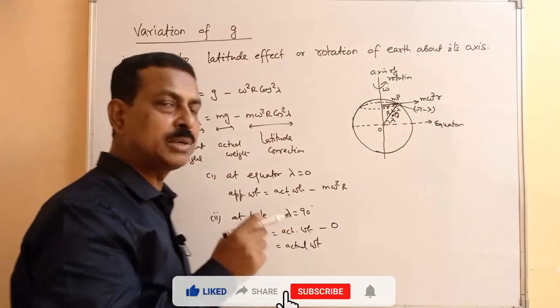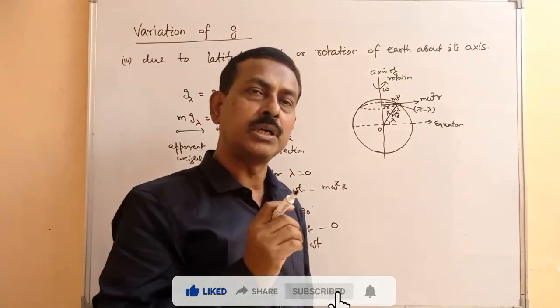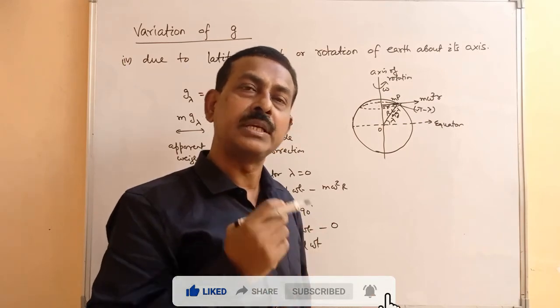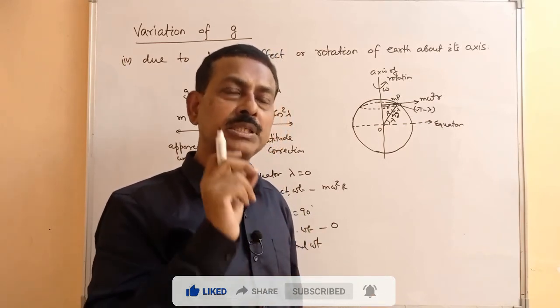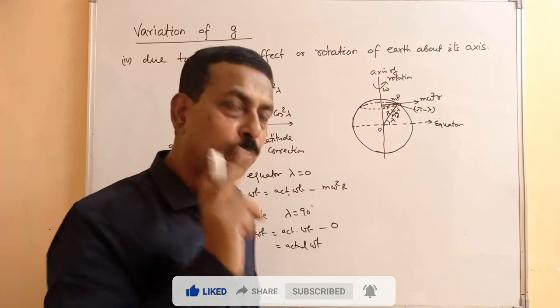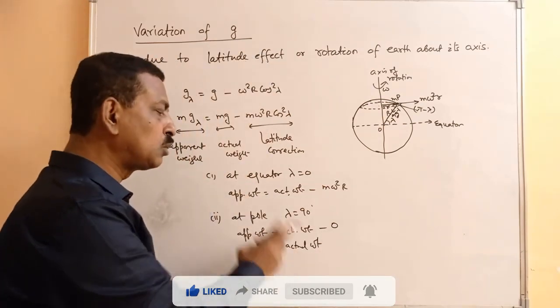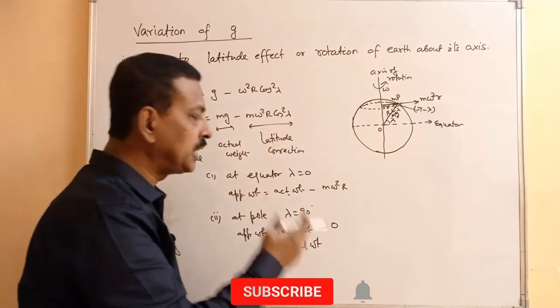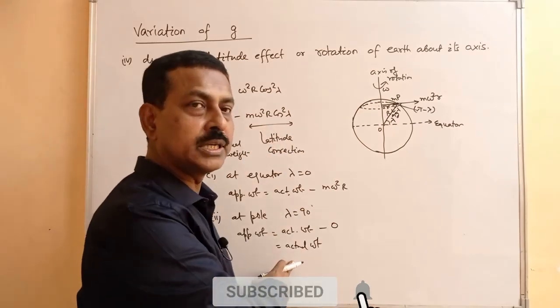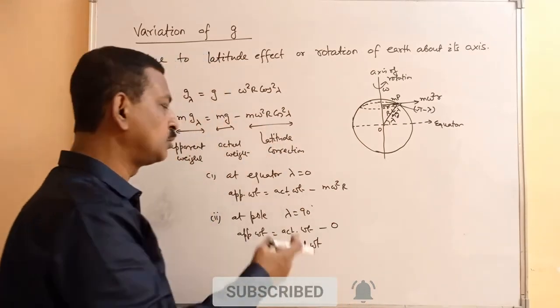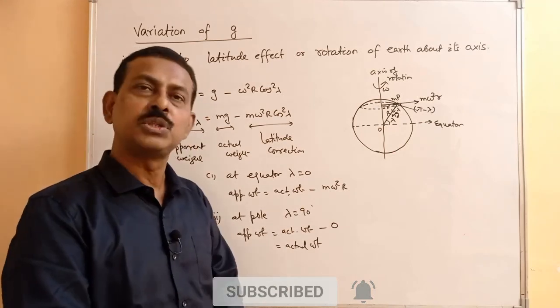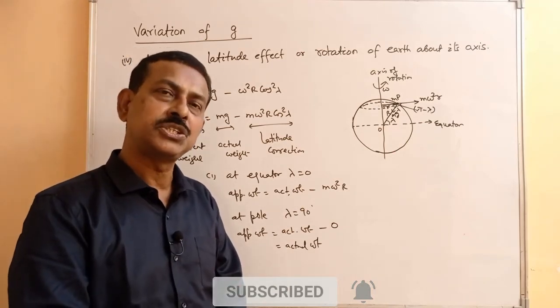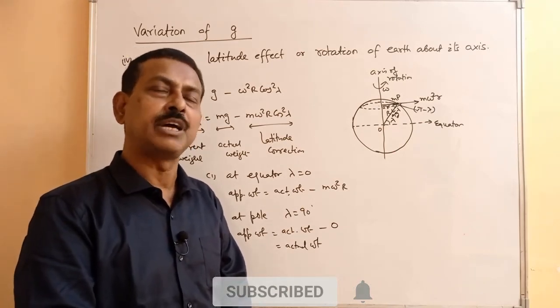But the correct statement is weight of all bodies on the surface of Earth will increase except for the bodies at the pole, because at the pole it was already equal to the actual weight. So if Earth stops rotating, there will be no change in the weight of the body there. So it will remain equal to its actual weight. So this is the discussion on variation of g due to various factors.